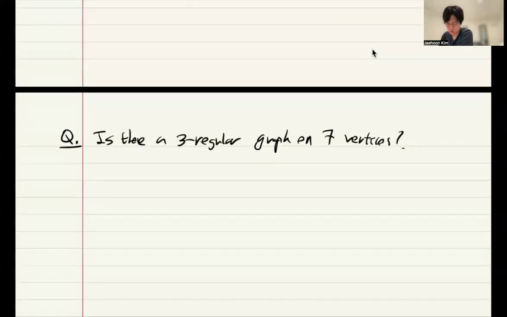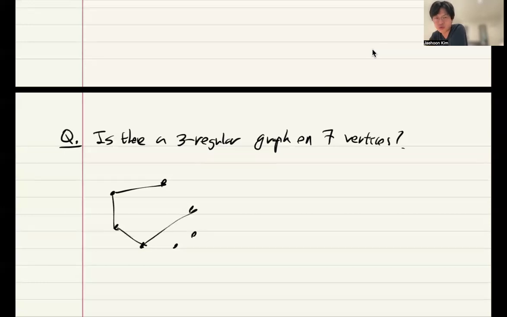In other words, we can imagine 7 people, and then they shake hands. Whenever they shake hands, we add an edge. Can we end up in a situation where everyone has shaken hands with exactly 3 other people?